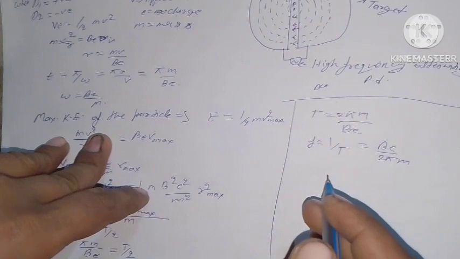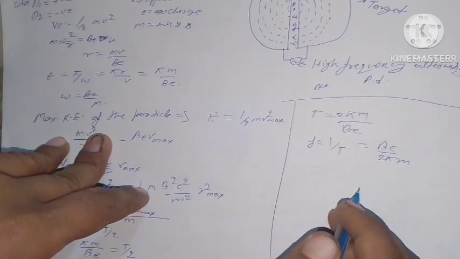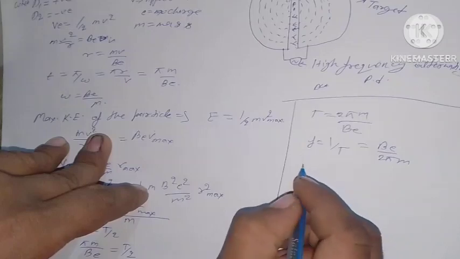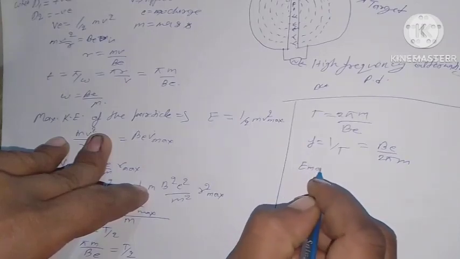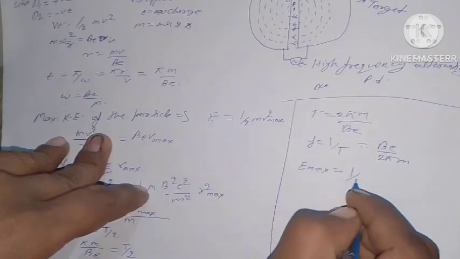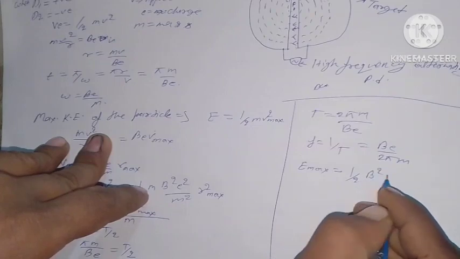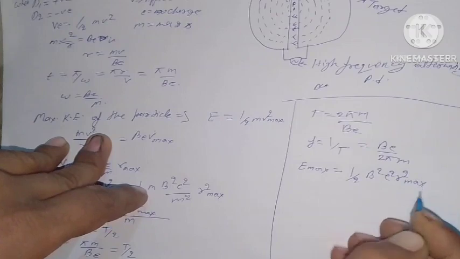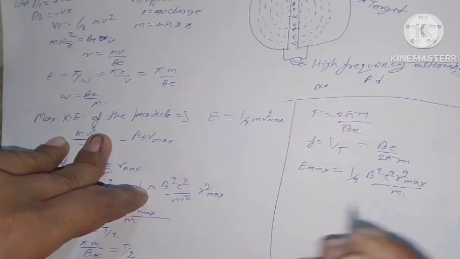This is the basic cyclotron resonance equation, and in terms of f, the maximum energy of the charged particles E max equal to 1 by 2 B square e square r square max upon m.